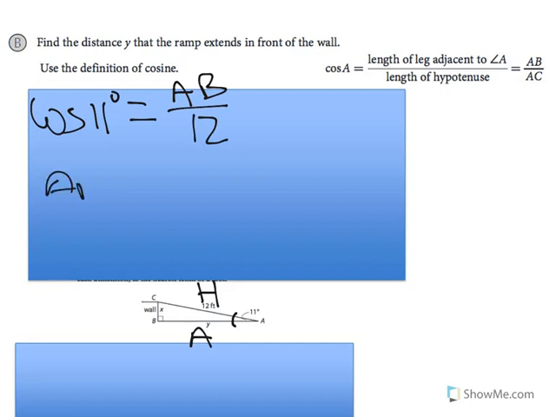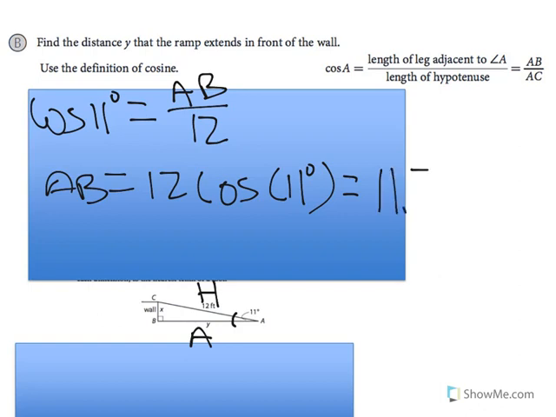So AB equals 12 times cosine of 11 degrees. From there, just use your calculator. This gives 11.7795 feet.